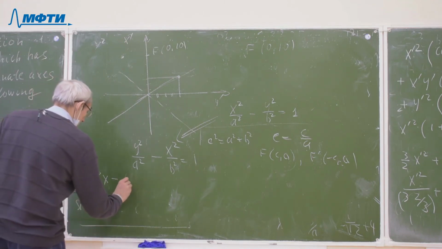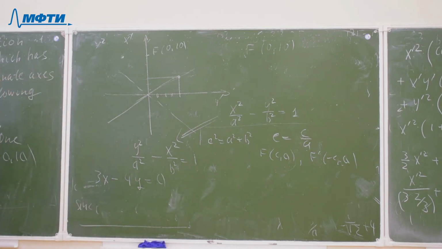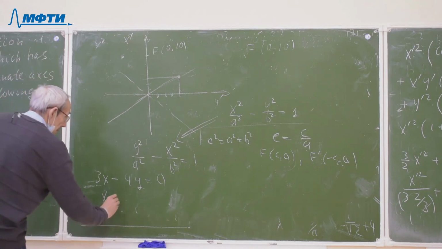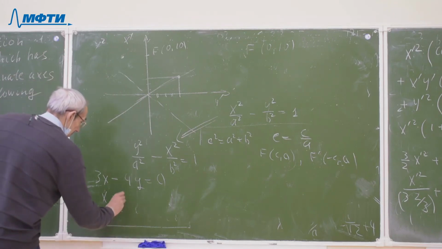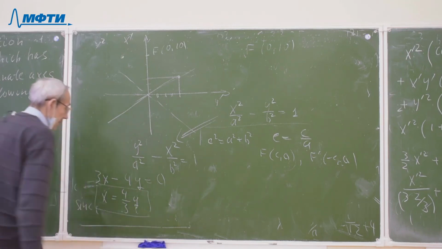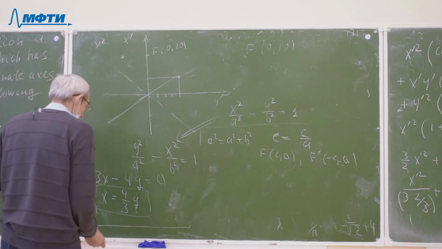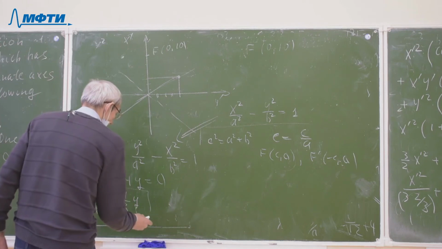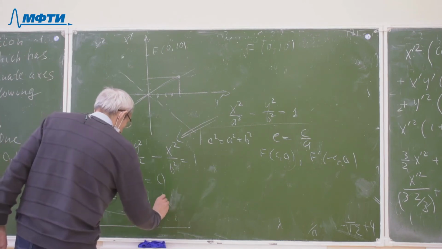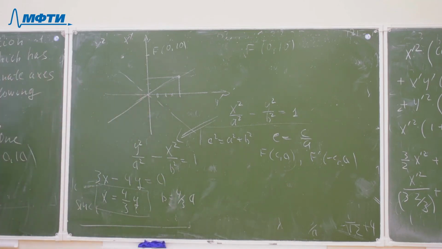3x minus 4y equals 0 we can rewrite as x equals 4 over 3 y. And we obtain the following relation: b is equal to 4 over 3 a.